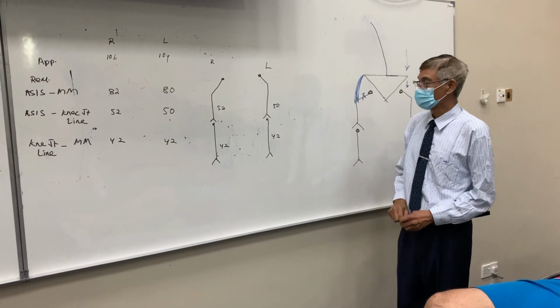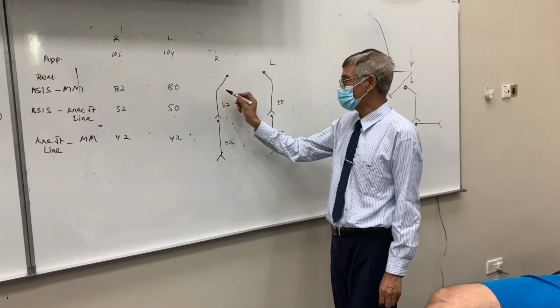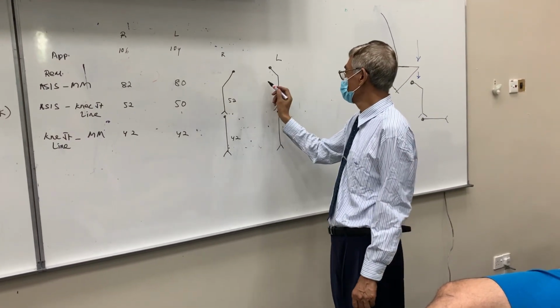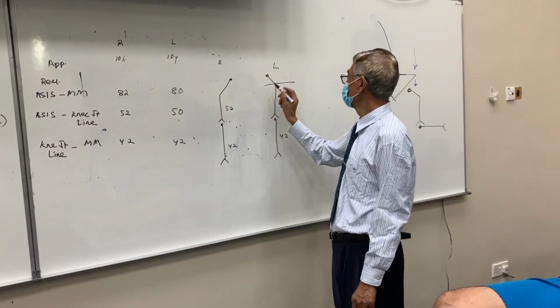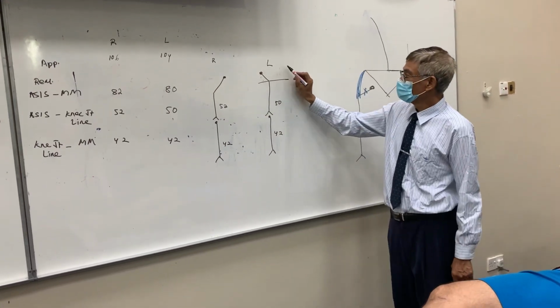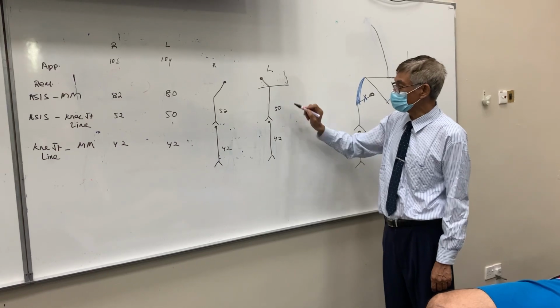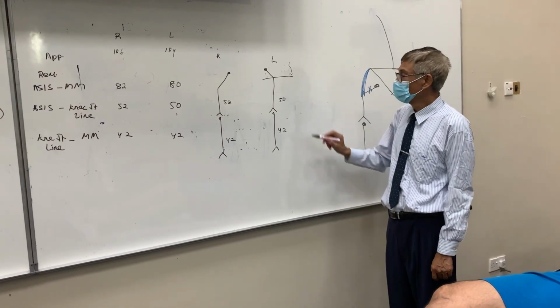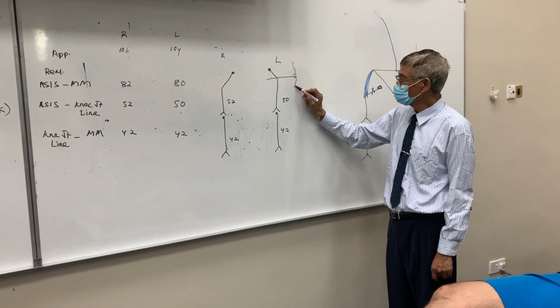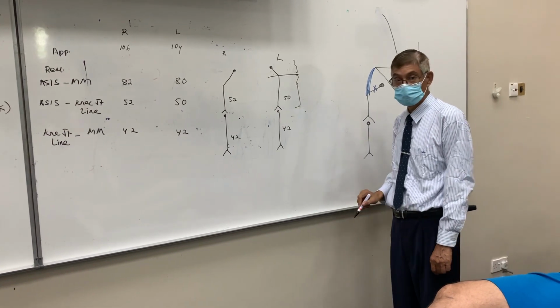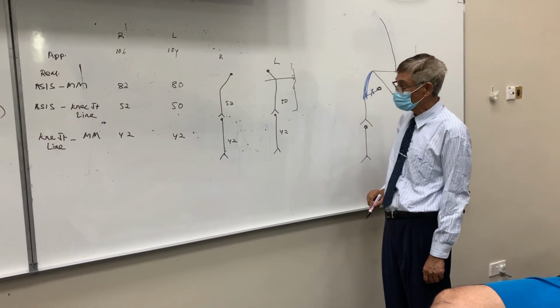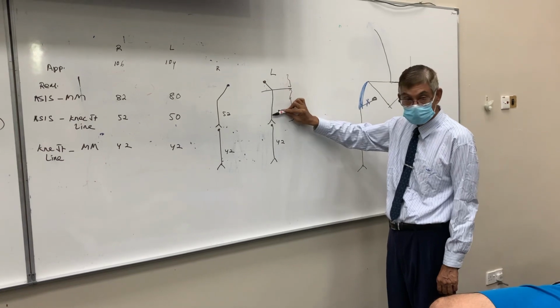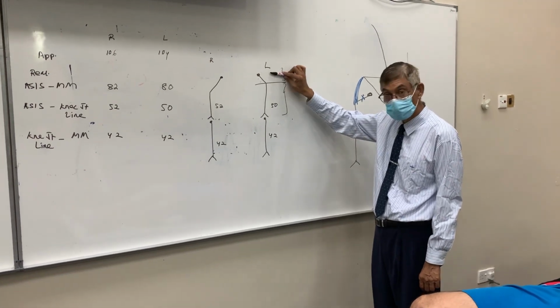So here you have to differentiate two things. From ASIS to greater trochanter, and greater trochanter to knee joint line. You have to differentiate. Now there's a shortening above the knee.